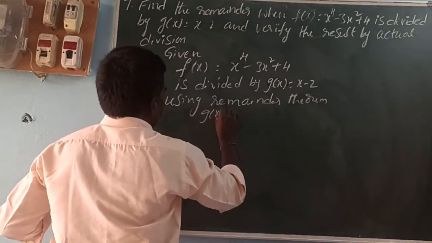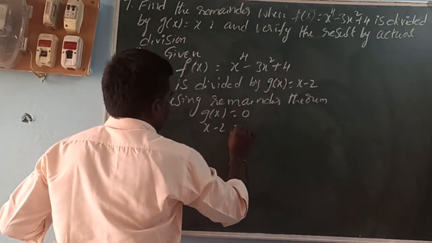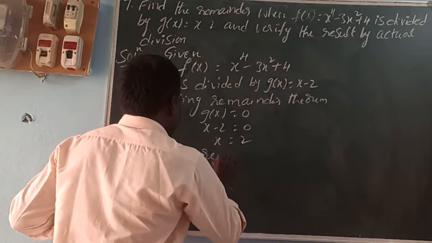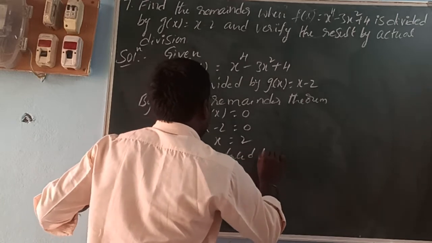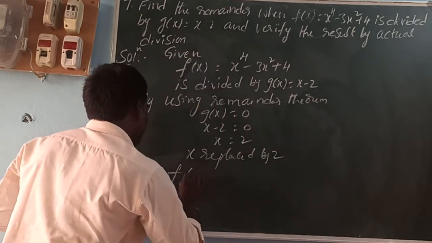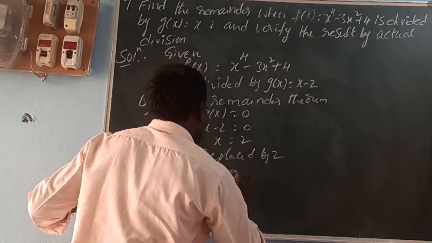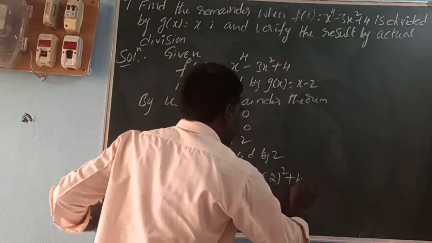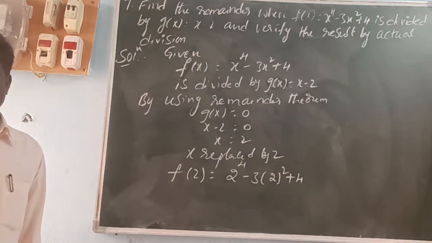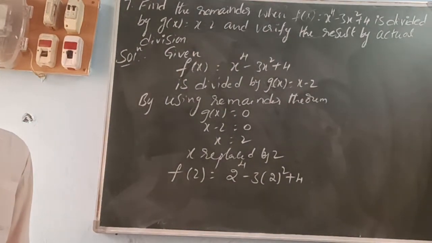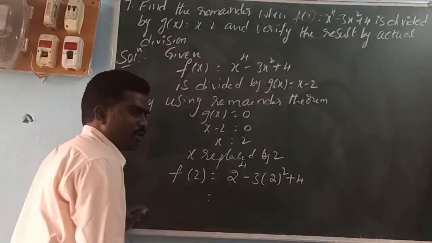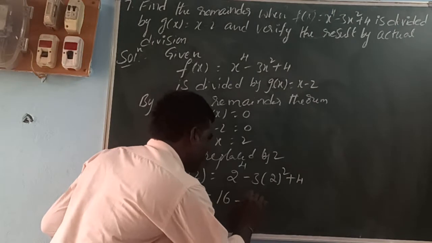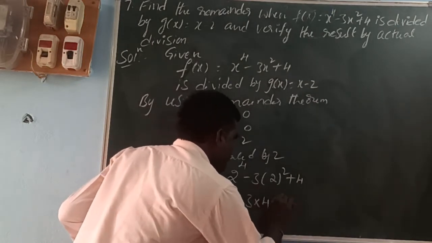g of x is equal to 0, x minus 2 is equal to 0, x is equal to 2. So here x is replaced by 2, that is f of 2 is equal to 2 power 4 minus 3 into 2 square plus 4. 2 power 4, that is 2 multiplied 4 times, you can get 16, minus 3 into 2 square, 4, plus 4.